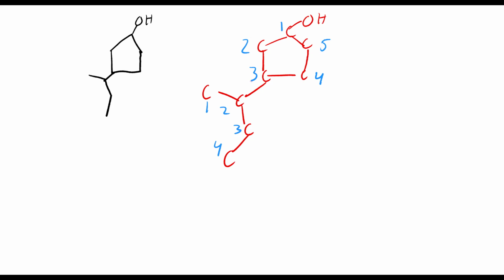This butyl group is attached to the cyclopentane via the second carbon. It's connected to the parent chain by the second carbon. And that means that we have a sec-butyl. Cool. And it's connected to the parent chain via the third carbon.